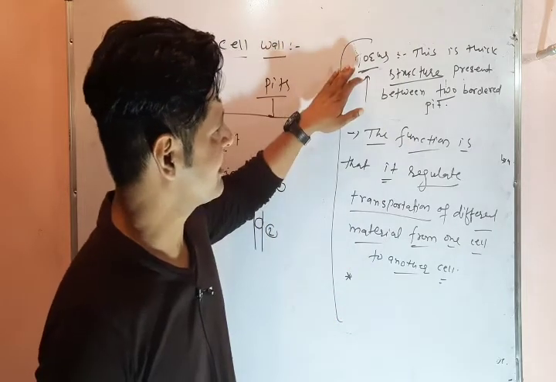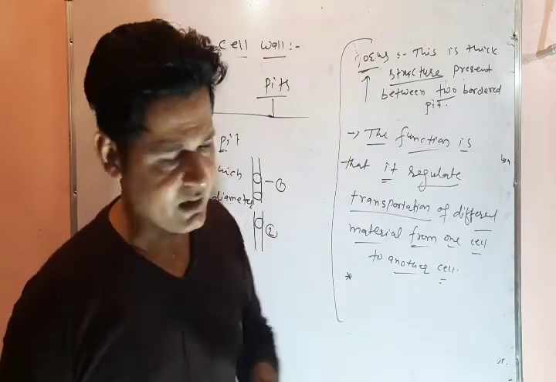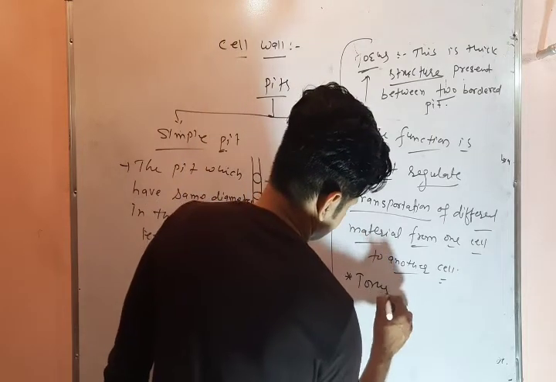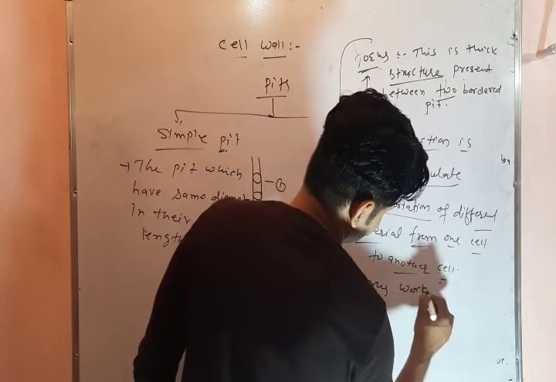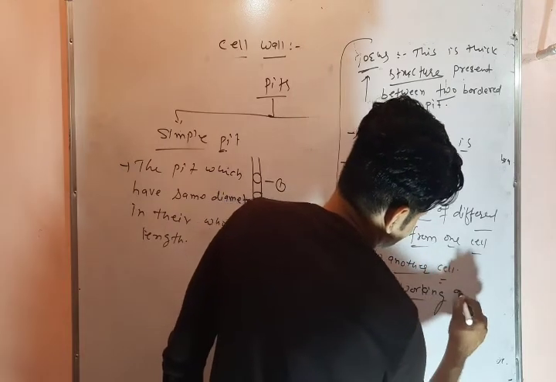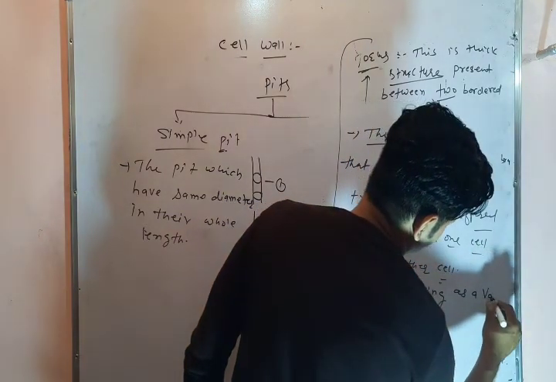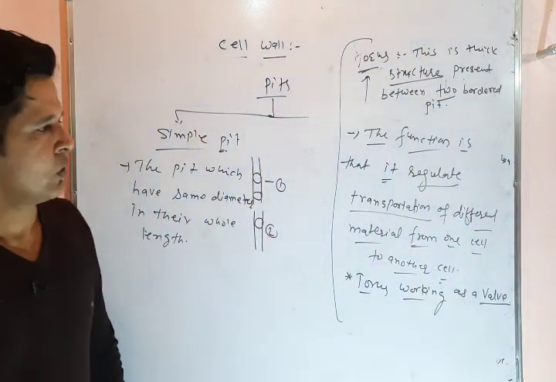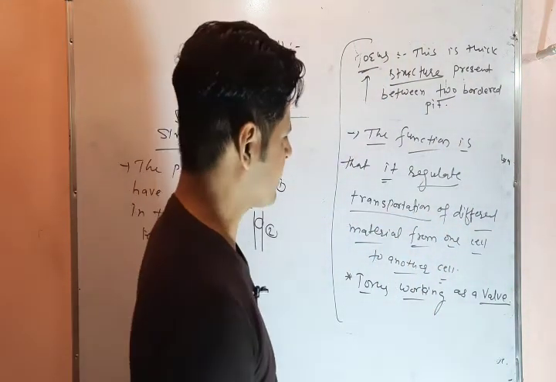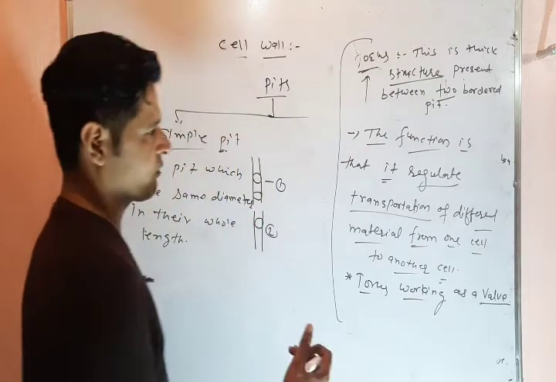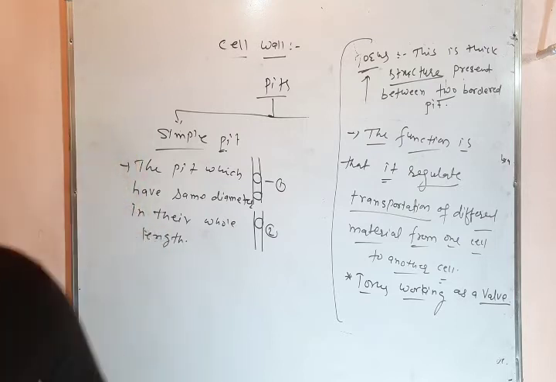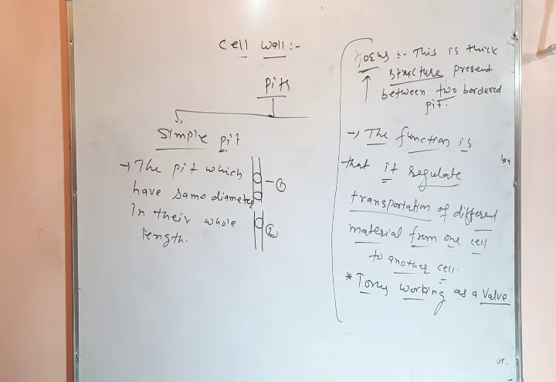So we can say that the torus is working as a valve, which allows transporting of different materials from one cell to another cell. So this is about the pits. I think you got it.